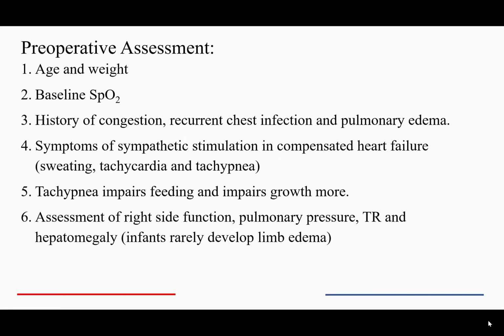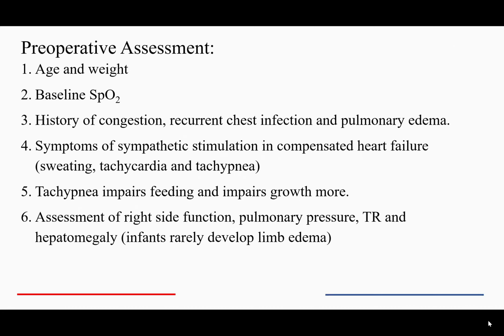In the preoperative assessment, we'll look at the age and weight of the patient, because the patient may be cachectic. Baseline saturation: usually there is overflow on the lung.